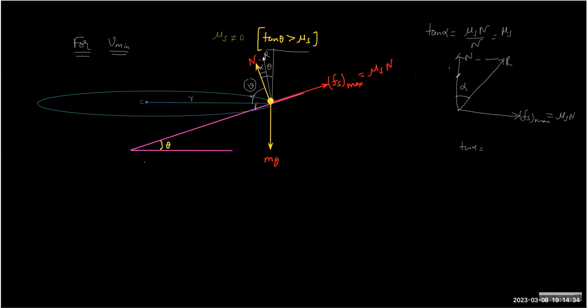This upon this, right? Which is mu s N upon N, or Fs max upon N, correct? Do you remember this? Okay, if you remember, do you realize now what I did? So can you use this realization later on in future? Okay.